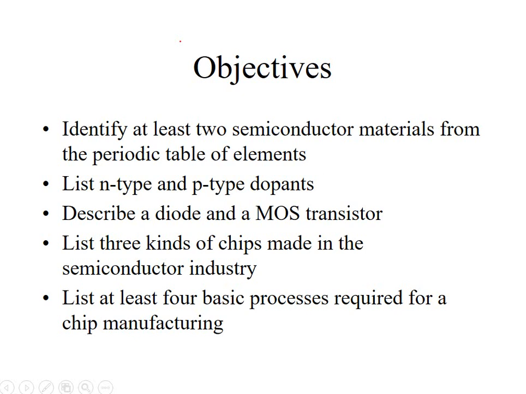Next, to describe a diode and a MOS transistor. Then, the three kinds of chip made in the semiconductor industry. The last will be to list at least four basic processes required for chip manufacturing.